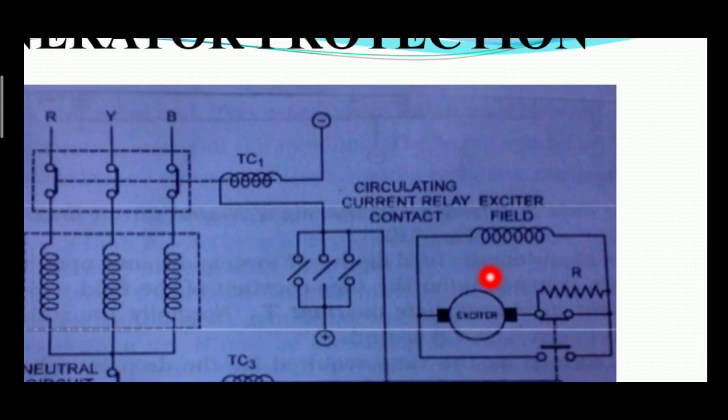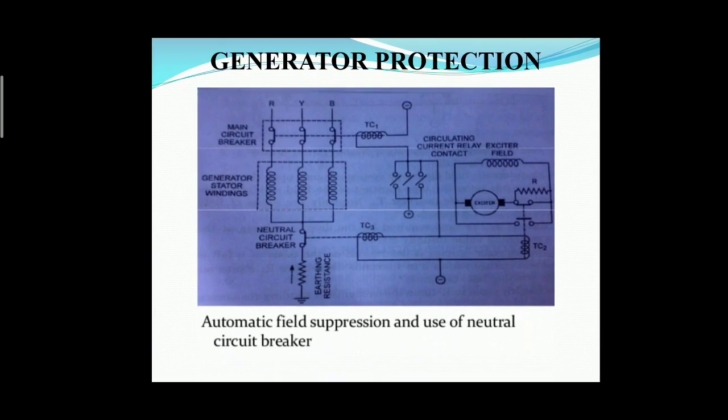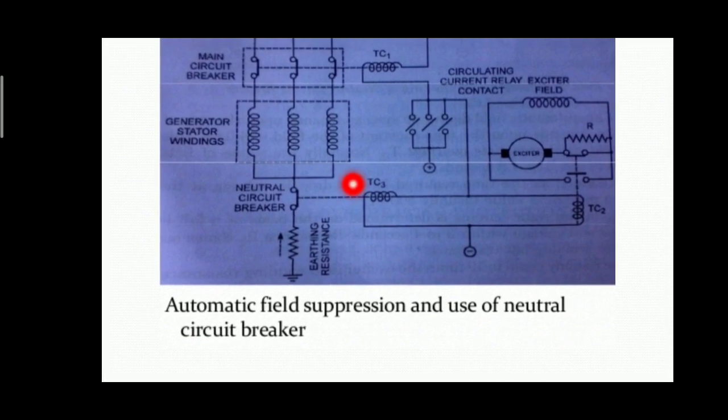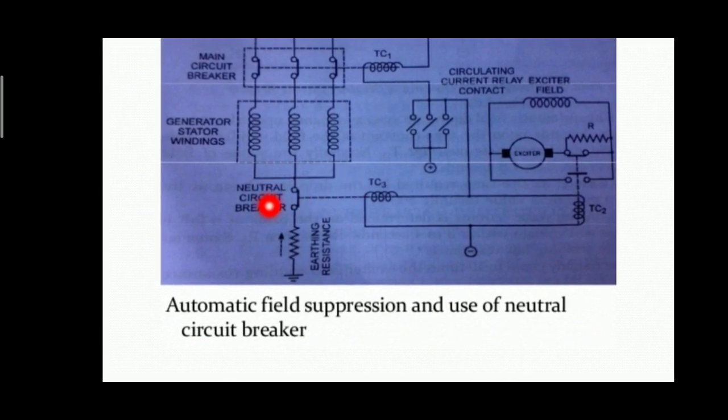This is the exciter. In the exciter, we are connecting resistors by the switching coil. This is the earthing resistor and this is the neutral circuit breaker.